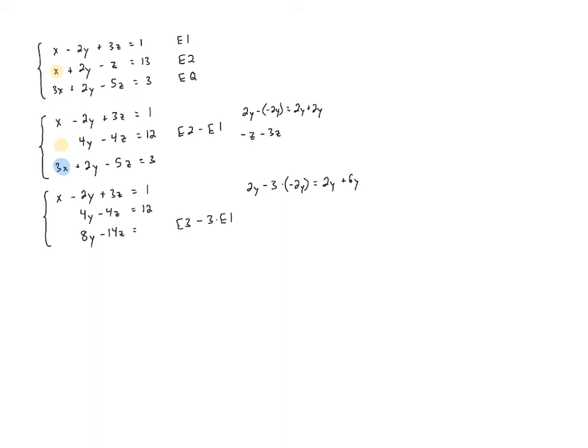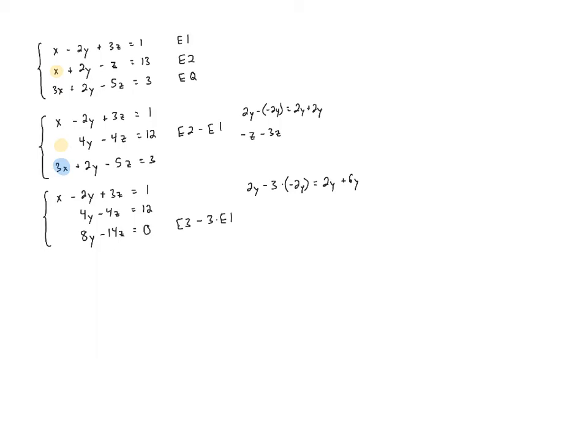Then with the constants, we've got equation 3 minus 3 times equation 1, so we've got 3 minus 3 times 1, that's going to be 3 minus 3, which gives us 0. So now we have 8y minus 14z equals 0.